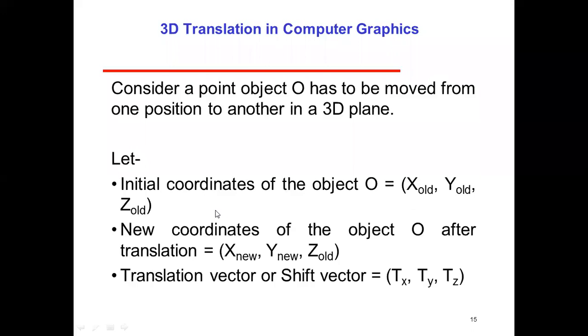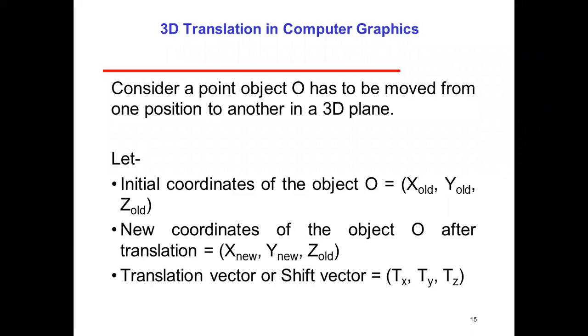Okay, in this case, we will use three axes, x, y, z. Then we can do the nomenclature like this: x old, y old, z old, or we can also use simply x, y, z. Okay, it is up to you. You can follow any nomenclature. You can either write x old, y old, z old, or simply x, y, 1.